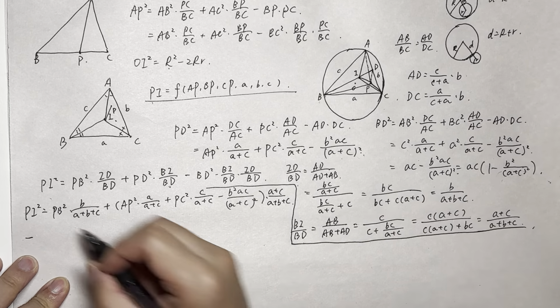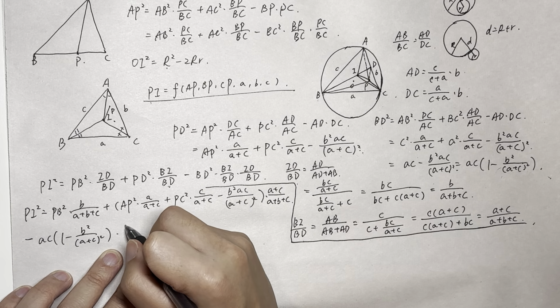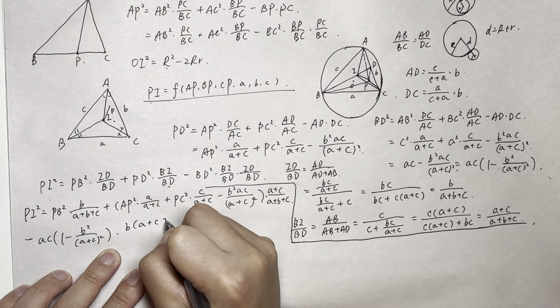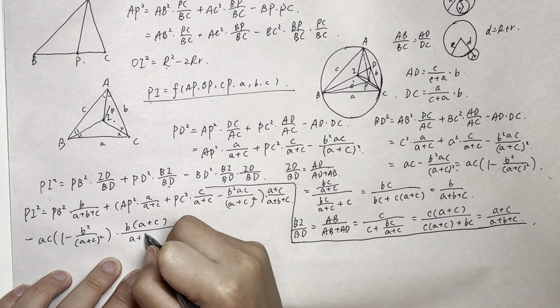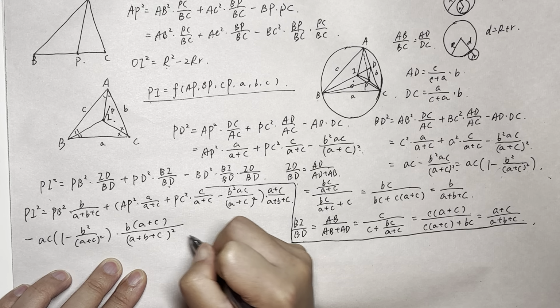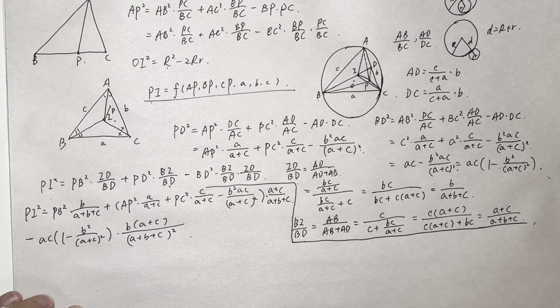That is BD square times this one, BI to BD and ID to BD. So that is B, A plus C to A plus B plus C square, right?